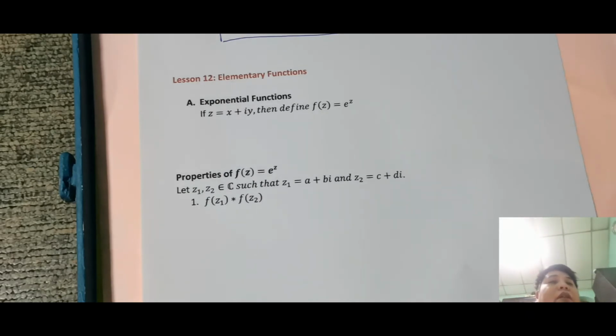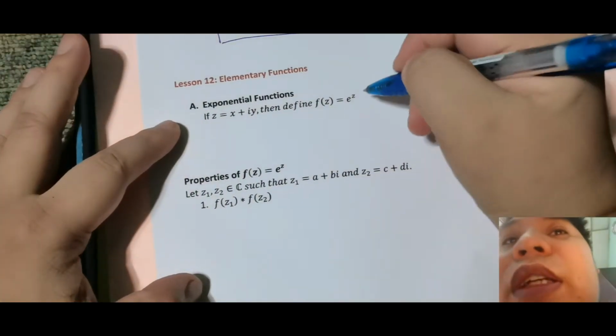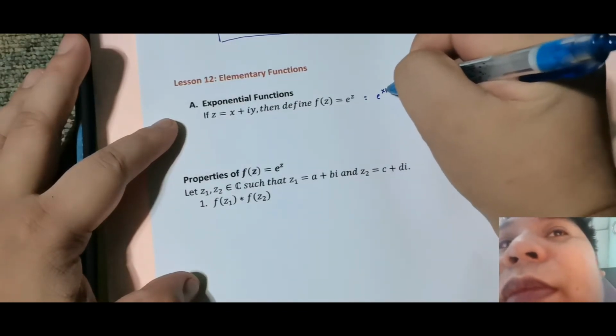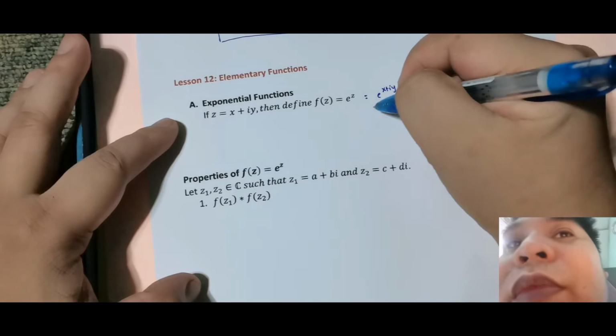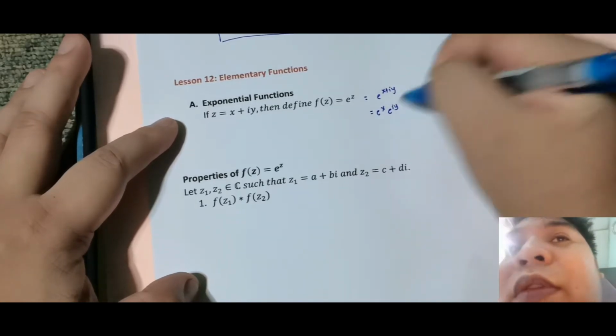z is equal to x plus iy, then define f of z is equal to e raised to z. Paano natin ginawa to? This is simply equal sa e raised to x plus iy, which is equal sa e raised to x, then e raised to iy.